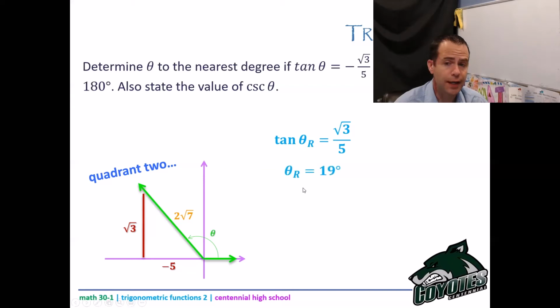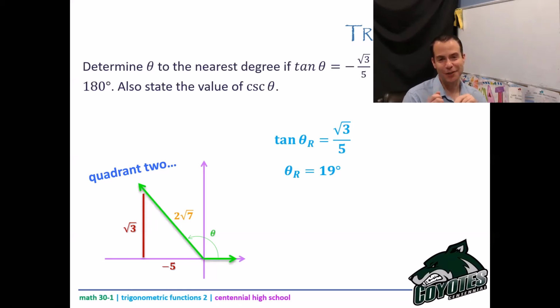So when I do that, I get a reference angle of 19 degrees. I need to be in degree mode right now because I was dealing with degree measures, right? It said theta had to be 0 to 180. So make sure your calculator's in degree mode, and then you're going inverse tan or arc tan, the second function of tan, however you get there. Don't ever call it shift tan though.